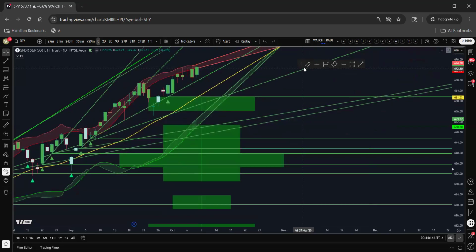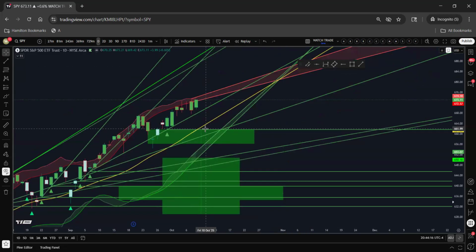Not yet. So where could SPY retrace to in the near term? 661.65? So if SPY were to retrace, this would be my target, but not until it goes through the yellow 20 SMA.